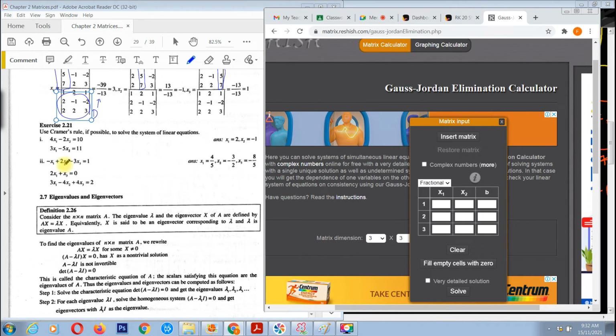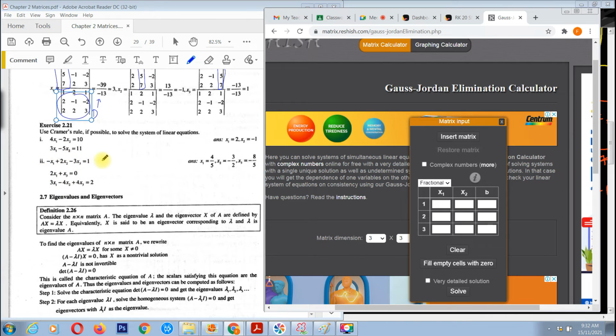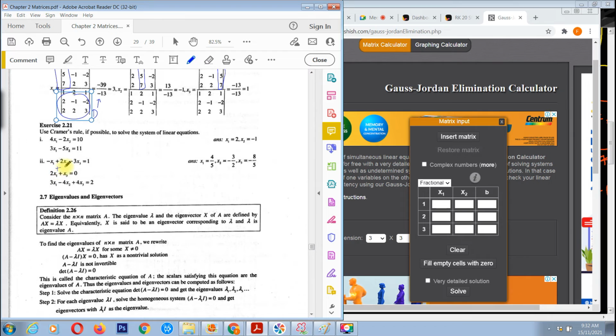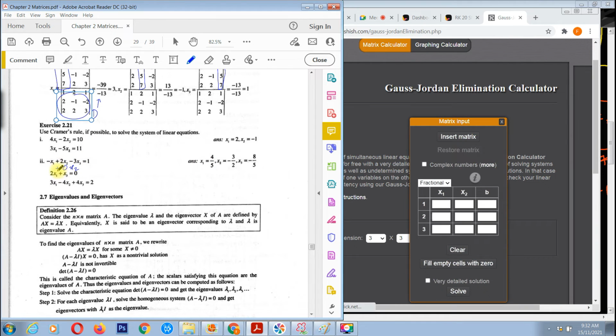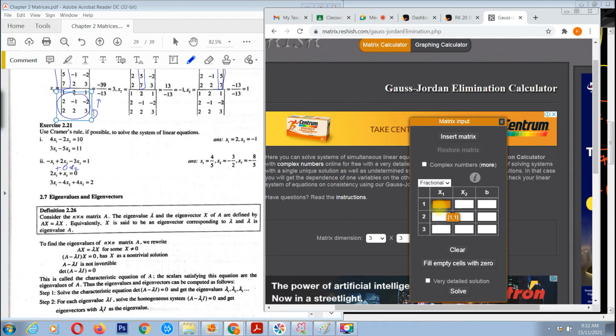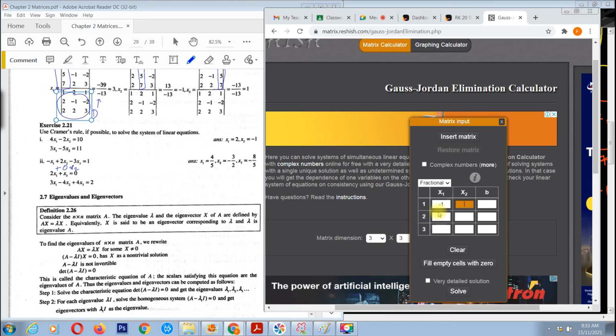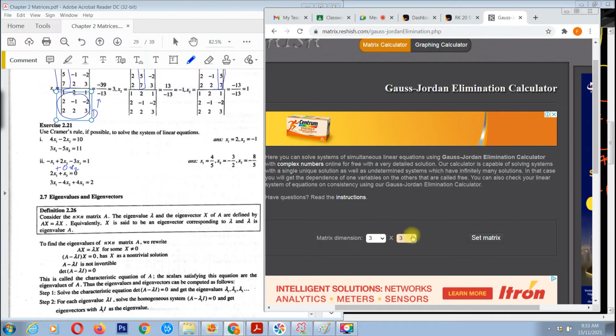Just make sure here we need to adjust so that there is 0 x2. Make sure that you put here, right? So this is -1, 2, 4.